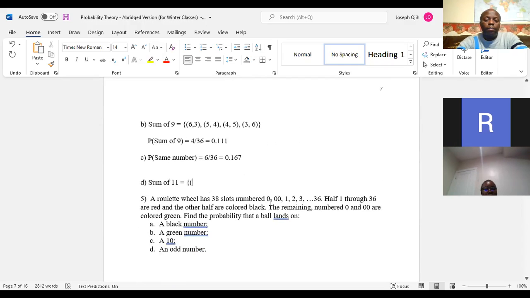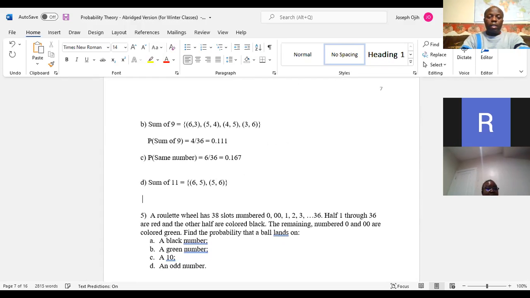So the probability of getting a sum of 11 will be equal to 2 over 36, or 2 divided by 36.